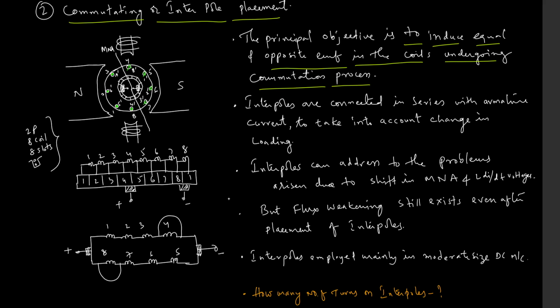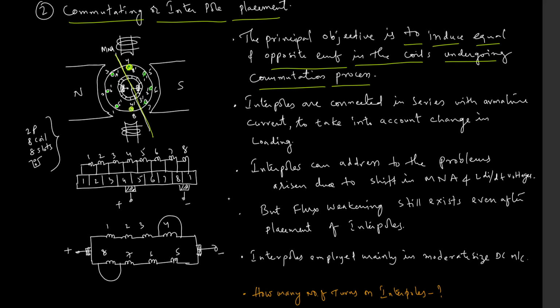Now due to this magnetic neutral axis shift, this coil and this coil, which actually should have zero EMF, now have some EMF induced in these two coils.